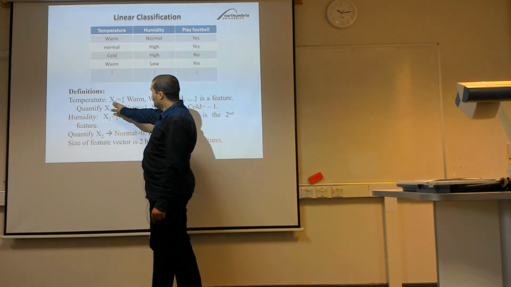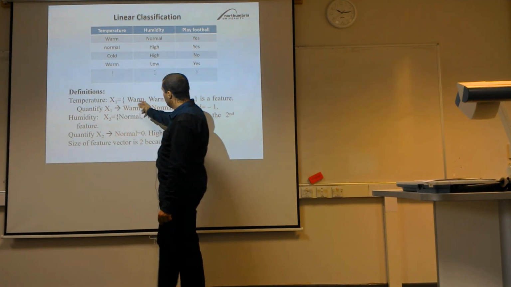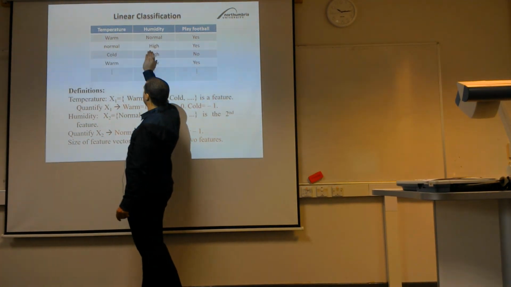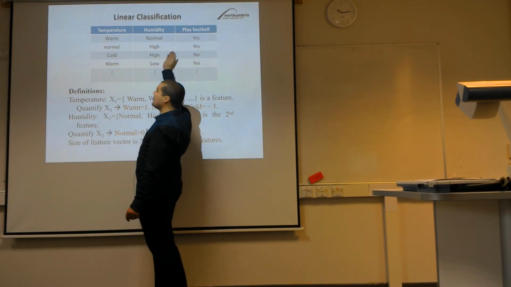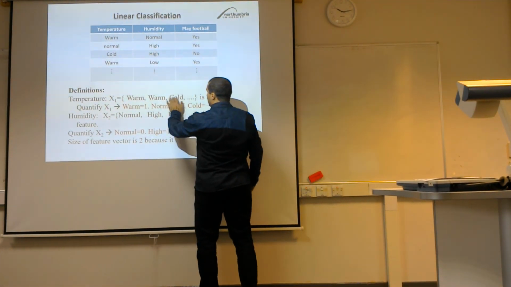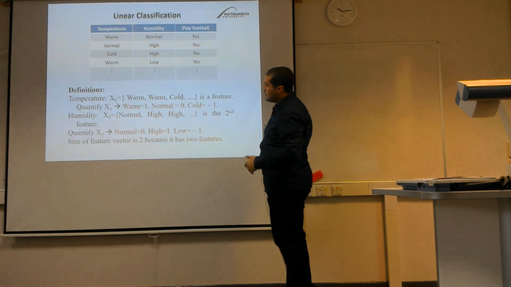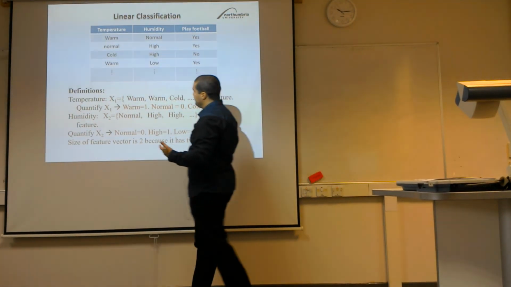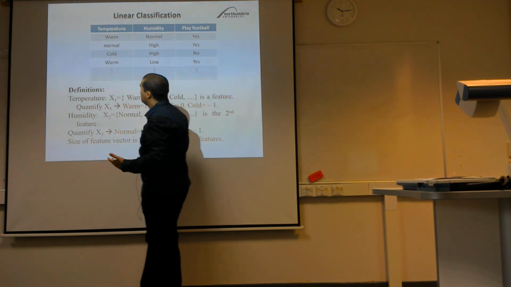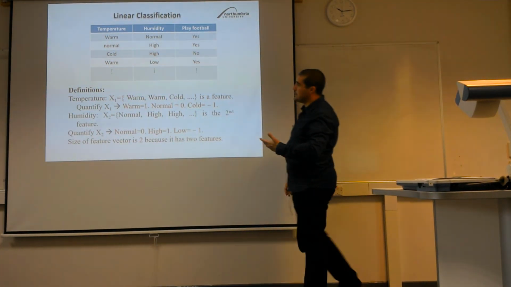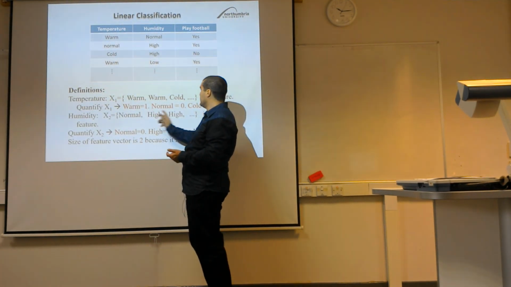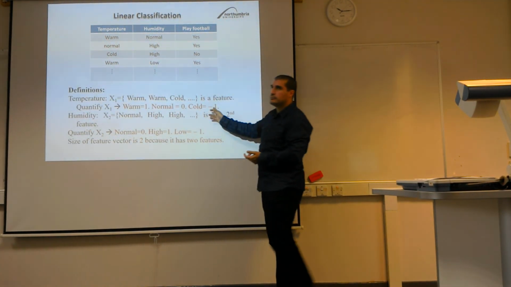So, temperature, we have the first feature, so many samples, so that's the first sample, the second sample, and so on. So every single row is a sample of data. So we have warm, cold, different types. So you can see we have three different categories. To quantify them, we can use 1, 0, and -1.